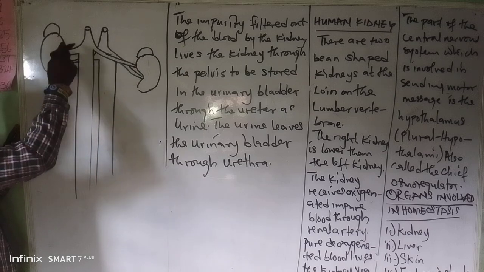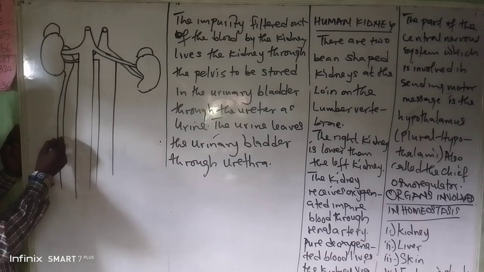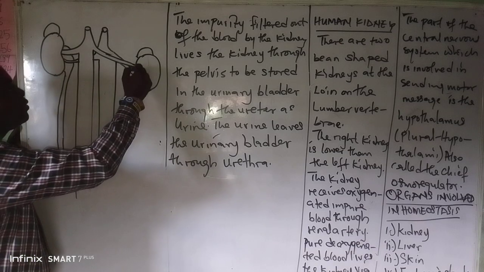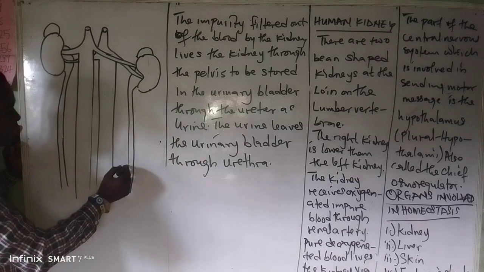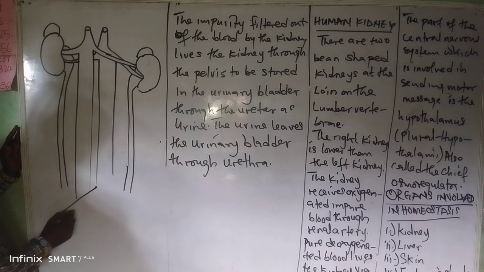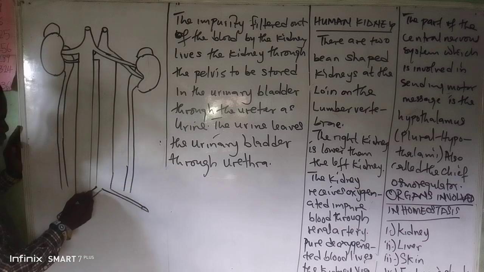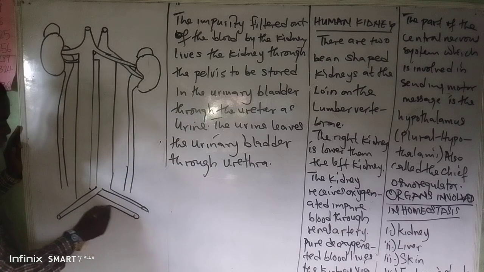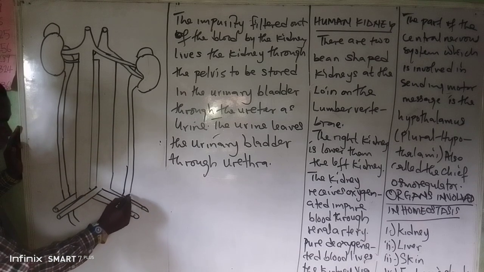You can see that the third pipe is like a funnel. It comes down like this. Then this one is also like a funnel. This one will go like this, and this one will also come like this. So this is the urinary bladder.